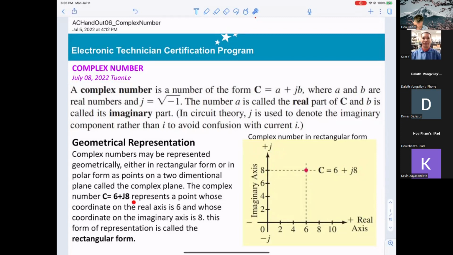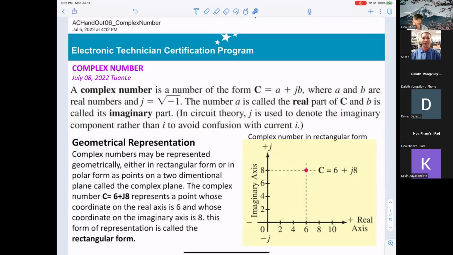C equals 6 plus J8 represents a point whose coordinate on the real axis is 6 and whose coordinate on the imaginary axis is 8. This form of representation is called rectangular form.